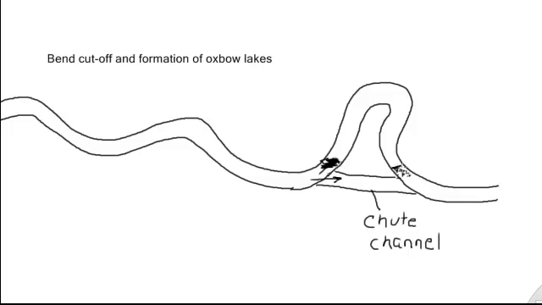And the river's not going to go around there anymore, except during floods when the water level's high and can get over these plugs of sediment on the upstream end and the downstream end and can get into that old bend segment. So then you can still have, for long periods of time, decades or more, standing water in this old bend segment, and the standing water in there is referred to as an oxbow lake.